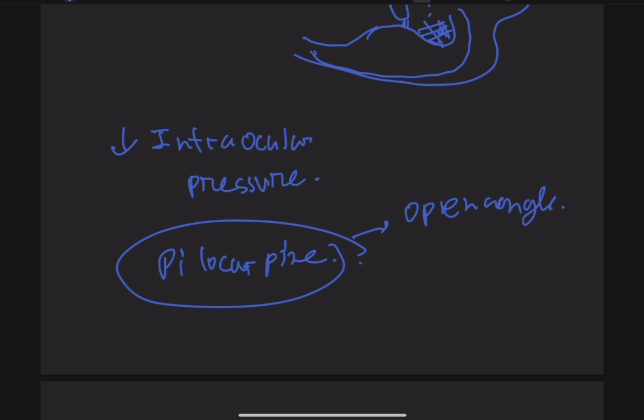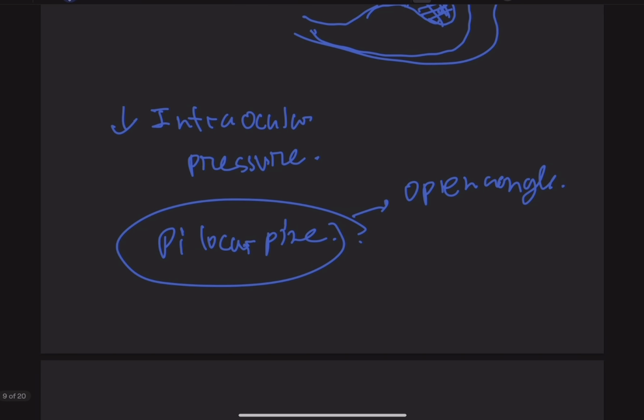There is no effect of pilocarpine on closed angle glaucoma, because when the canal of Schlemm is already blocked, the aqueous humor can't drain into the canal of Schlemm. So there is no effect of contracting the ciliary muscles or relaxing the trabecular meshwork. So we will not use it in closed angle glaucoma, and we use pilocarpine in open angle glaucoma.